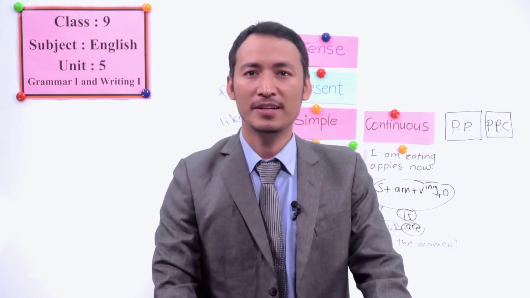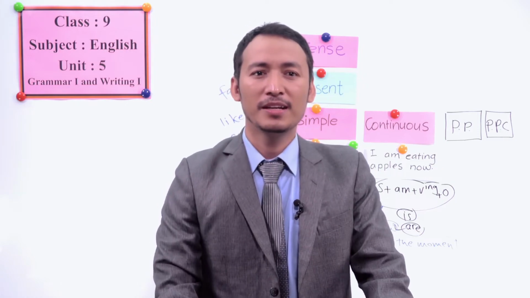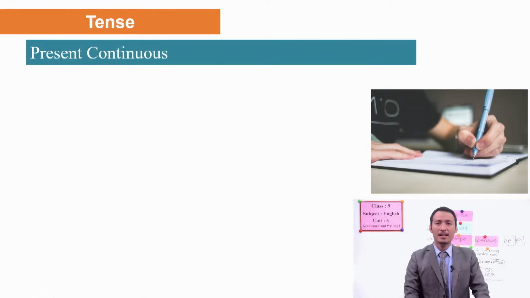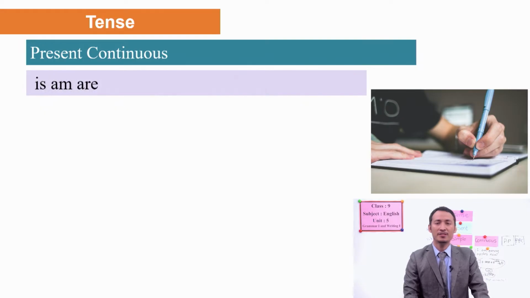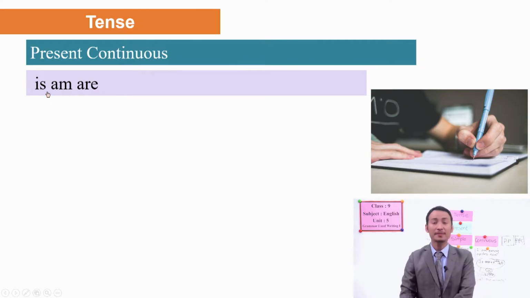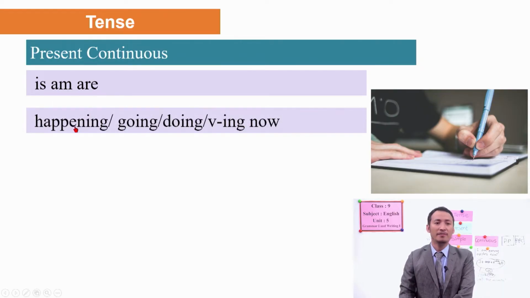Okay, students, are you ready? Let me show you. Here, I'll show you just the structures that I've just talked about. Present continuous tense, there we have is, am, are as the auxiliary verb, and we have something happening, going, doing, or something happening now.